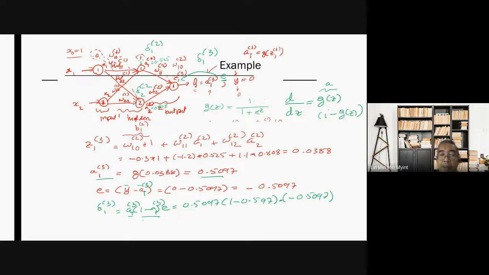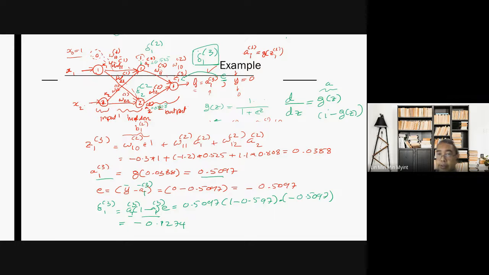This will be equal to almost, let me write down here, minus 0.127. So this is the error, the change of the error.